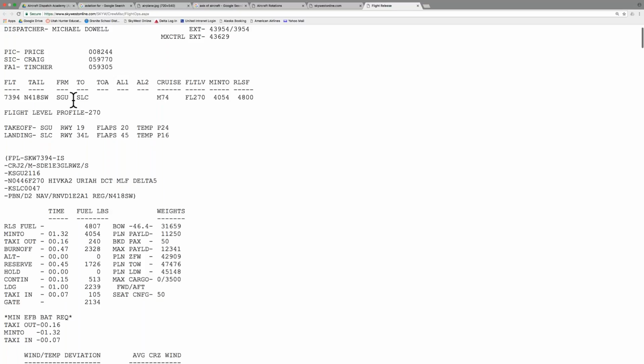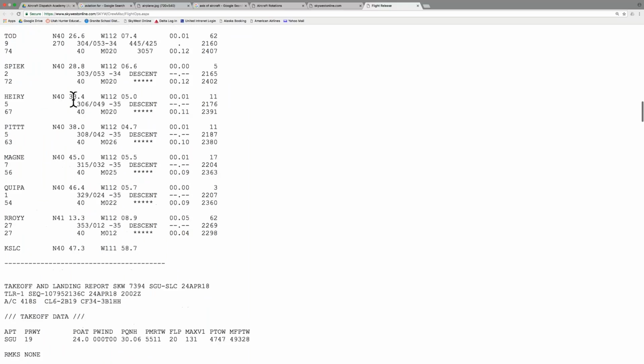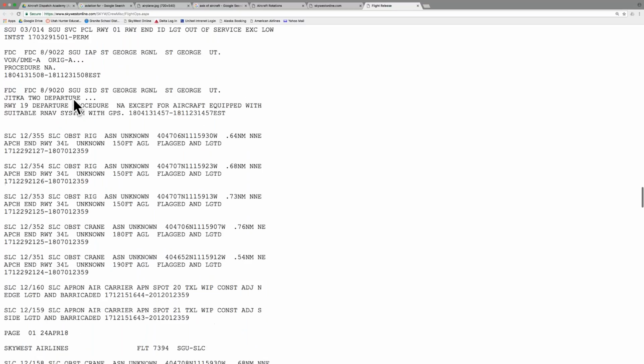We'll click on a button, and it'll tell us how many passengers are booked for the flight, how much payload we expect, and we close that down, and the computer will add that up and what that poundage is, and then we click on our next box, and it puts the weather. It gives us a weather package, basically tells us what the weather is for the entire route of the flight. We back out of that box really quick. Then there's a NOTAM box. And the computer just generates.